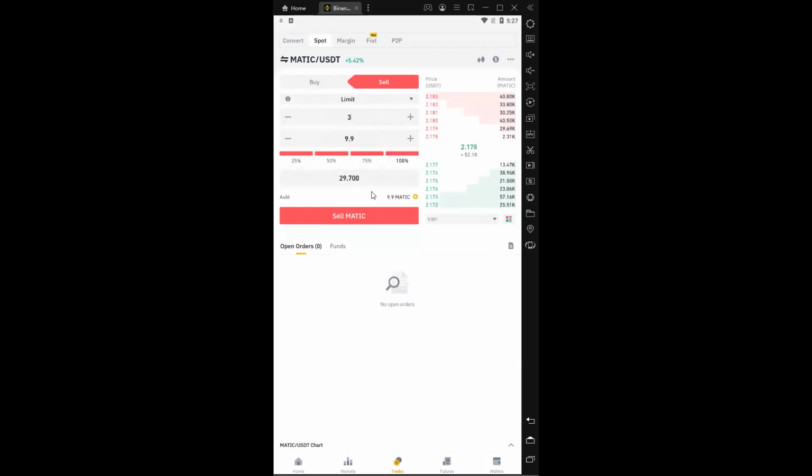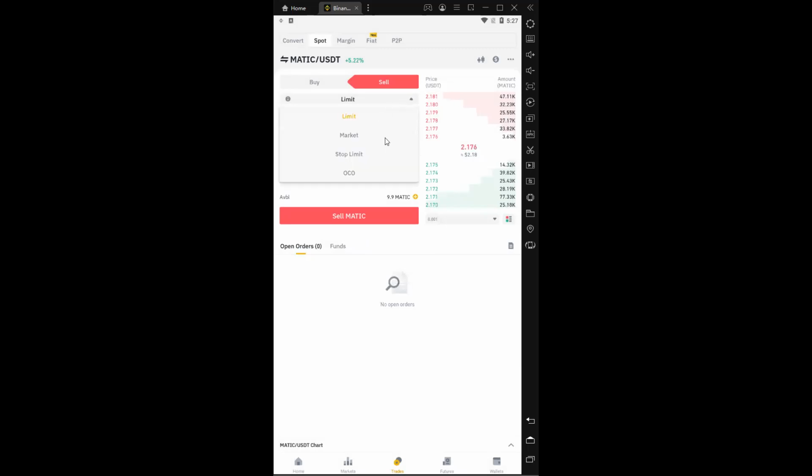If I'm selling it at $3 with 100%, I'll be getting 29.7. I press sell, and it will create a sell order for me. Until the price of this coin reaches this price, the coin will stay on this sell order. So that is how a sell order works.